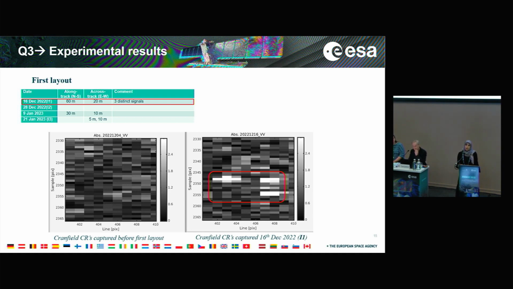So if we look at the first amplitude image after the first layout, which we named I1, and compare it in the same area before installation, we can see 3 distinct signals related to the 3 installed corner reflectors.